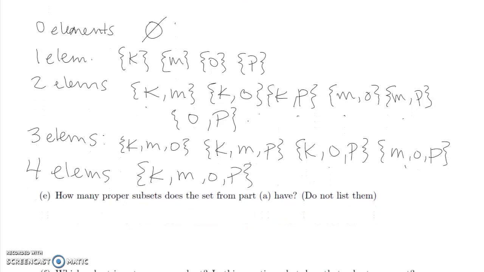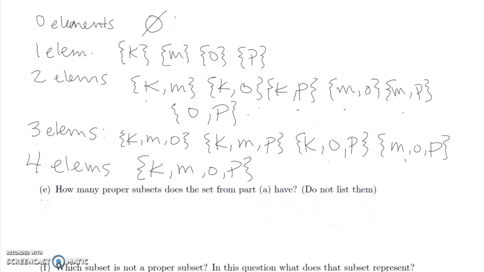Now, looking at this next question, it says, how many proper subsets does the set from part A have? So we found that I had 16 total subsets. So now we have to remember proper subsets. Well, those are everything except the set that's equal. So it's 2 to the n, all minus 1. Where here, remember, n was the number of elements, which was 4.